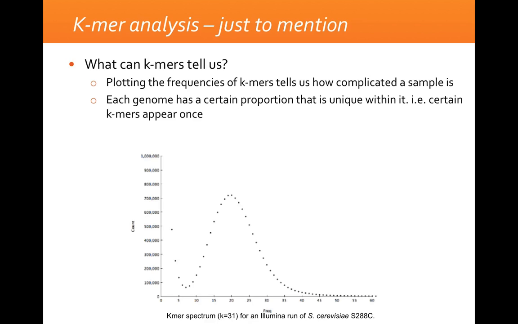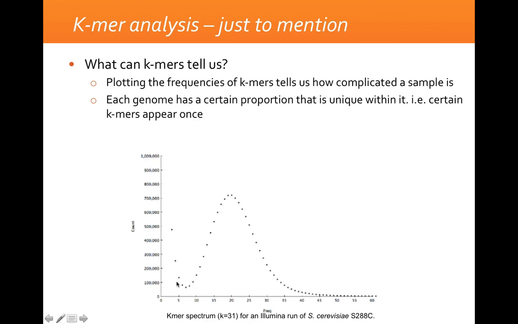For example, for genomes, it's possible to use it to detect contaminations if you have two or more species in there. This is because each genome has a certain portion of unique Kmers in it, so they will appear very few times.